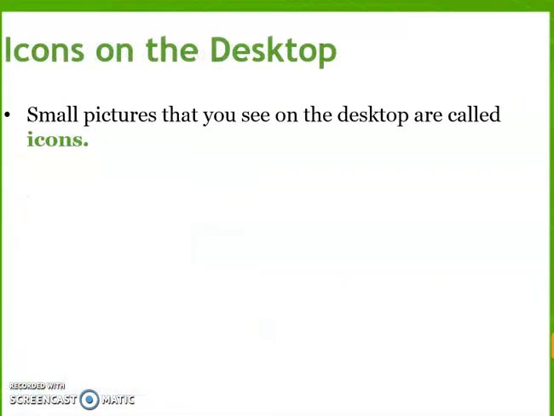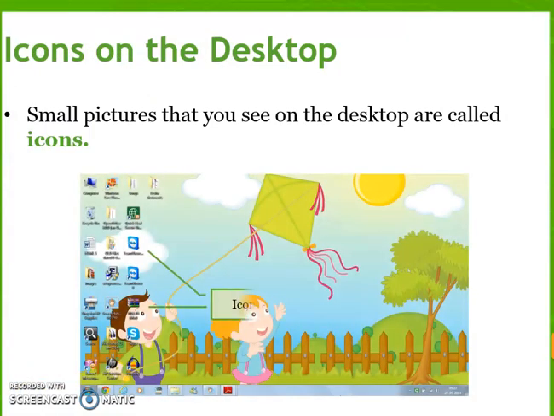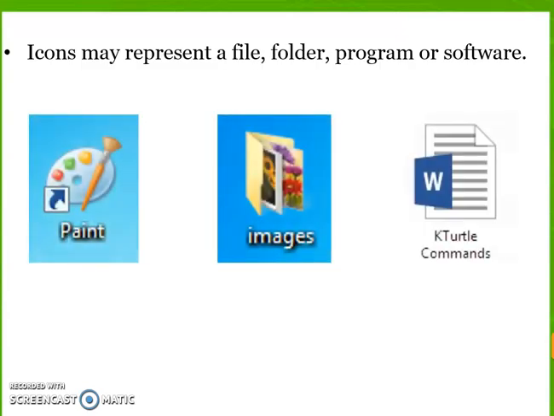So, icons on the desktop. As I told you, these small pictures on the desktop are called icons. These are some images like Paint images and KTurtle icons. Basically, icons represent some files, some folders, some programs, some software.